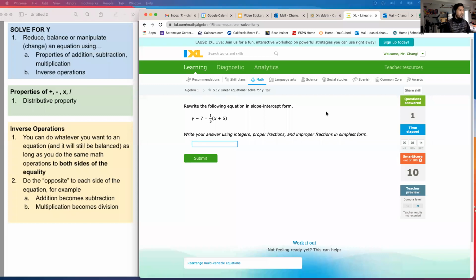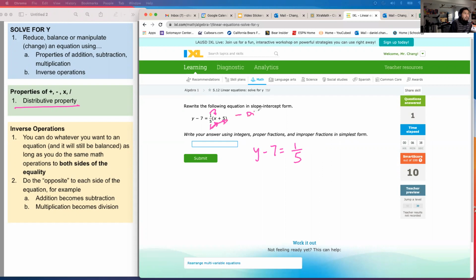Ooh, fractions, love it. So step 1, I think I want to use the distributive property here again. So I'm going to use the distributive property and go y minus 7 equals 1/5, and I'm going to take this 1/5 and multiply it by the x. I'm going to take this 1/5 and multiply it by the 5.